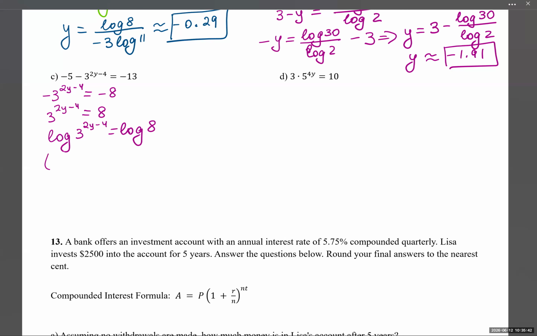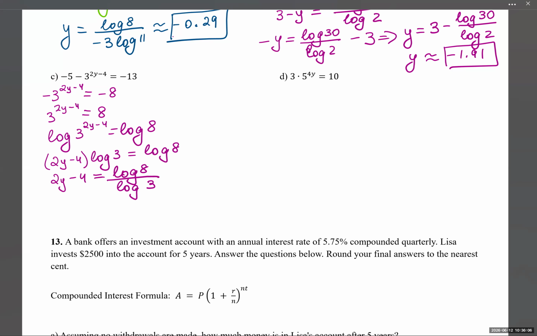Put the power in front of the log, so 2y minus 4 times log base 10 of 3 equals log base 10 of 8. Go ahead and divide by log base 10 of 3, so 2y minus 4 equals log base 10 of 8 over log base 10 of 3.